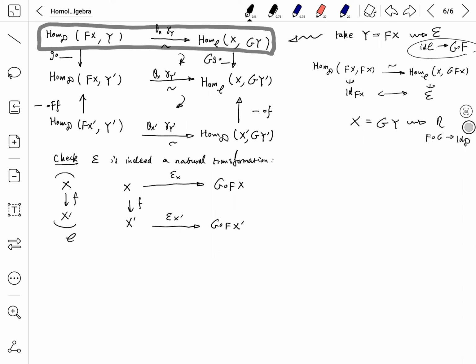And the question is, is this commutative? So prove this is commutative.